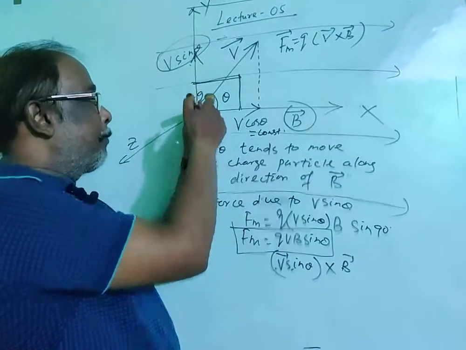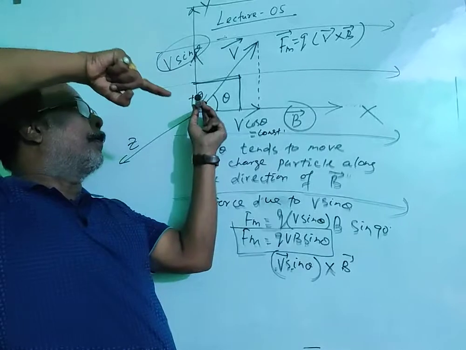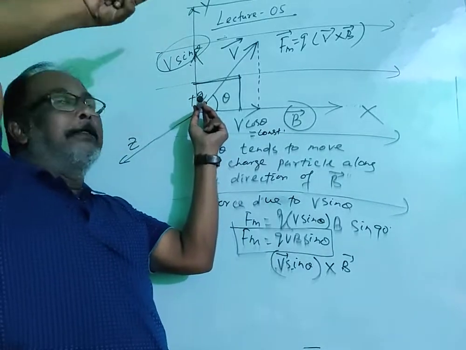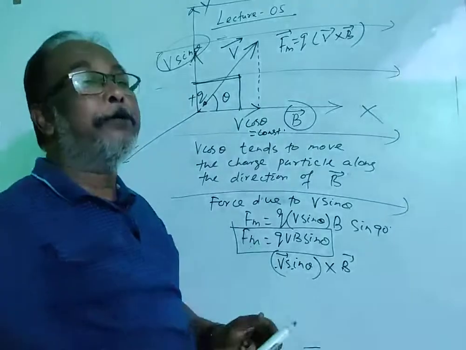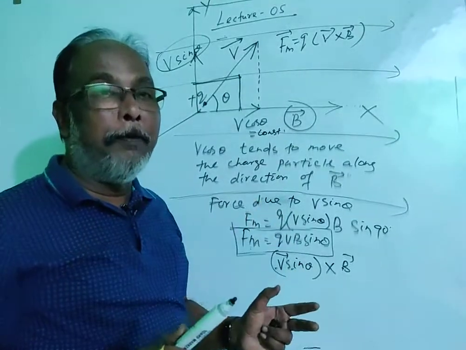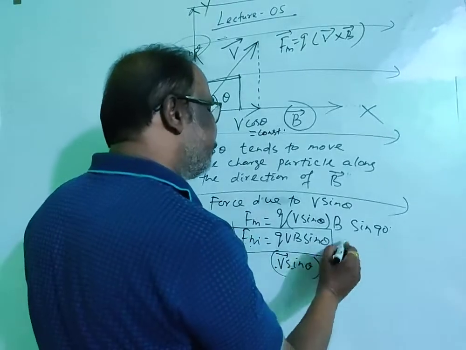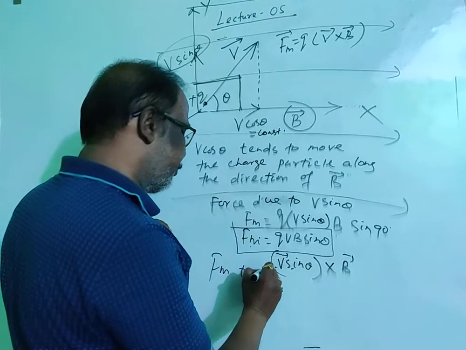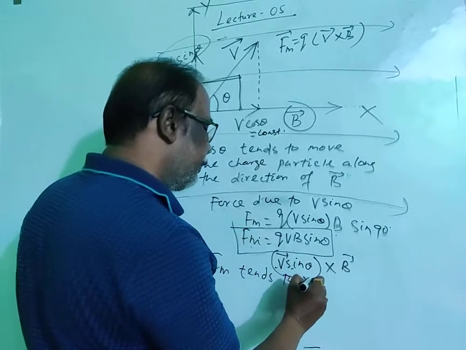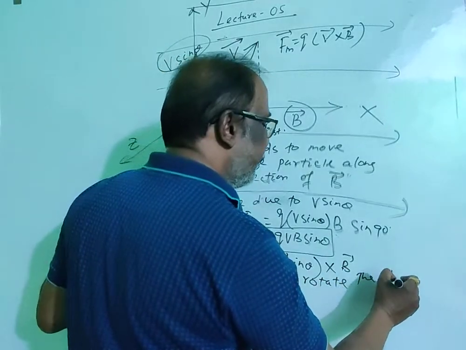This is the centripetal force. This will be a circle. So this magnetic force provides centripetal force and tends to rotate the charged particle.